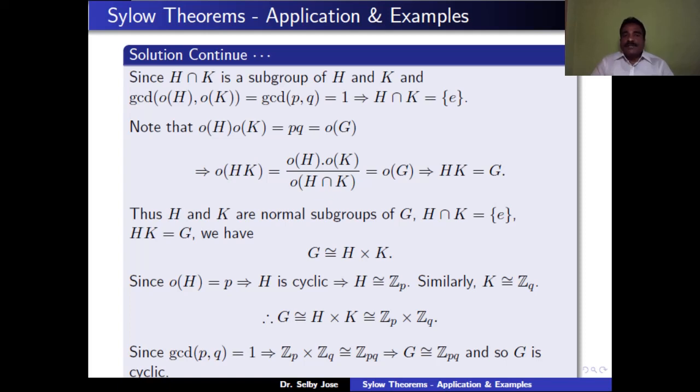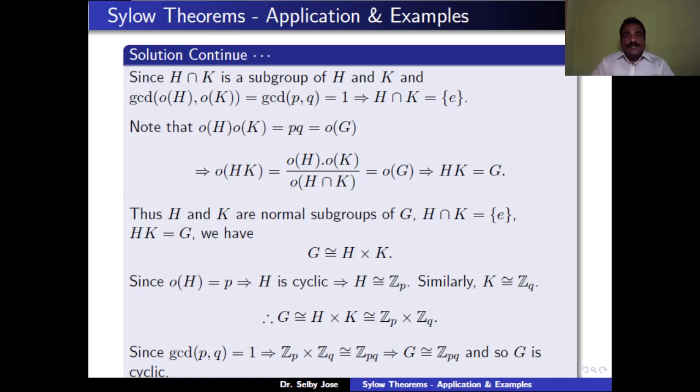Therefore, G is equal to HK. Thus, we have three things. One, H and K are normal subgroups of G. Second, H intersection K is the identity. And third, G is equal to HK. Therefore, G is the internal direct product of H and K. That is, G is isomorphic to H cross K.